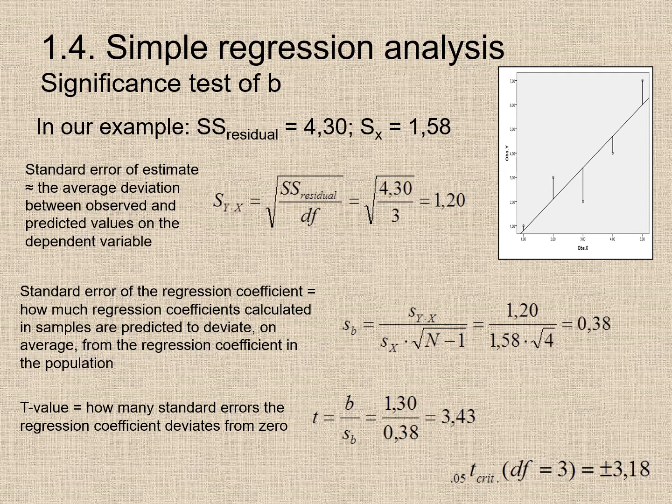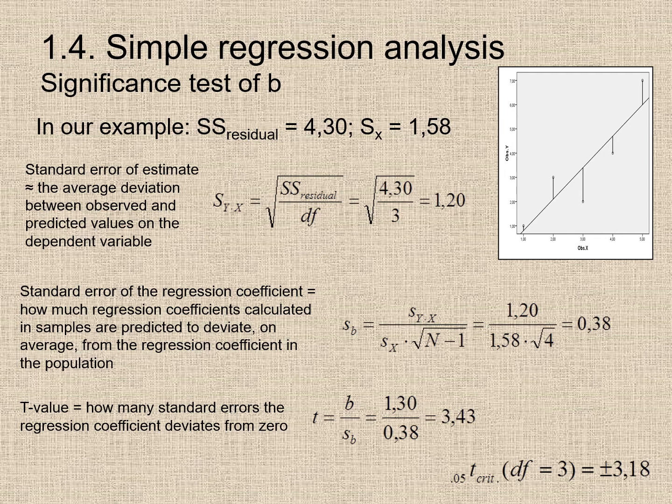We could compare that with, if we look at the t-table, for instance, if we go for the significance level 0.05, and in this case we have 3 degrees of freedom. It's the number of individuals minus 2 in this case.